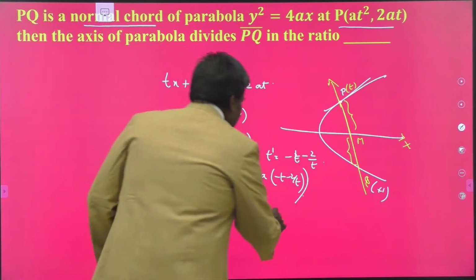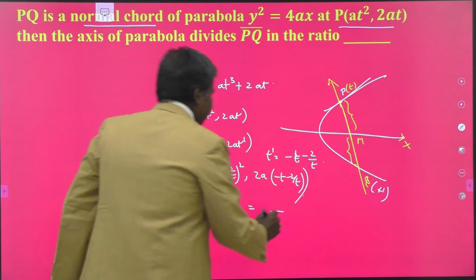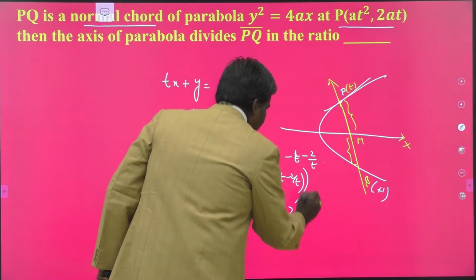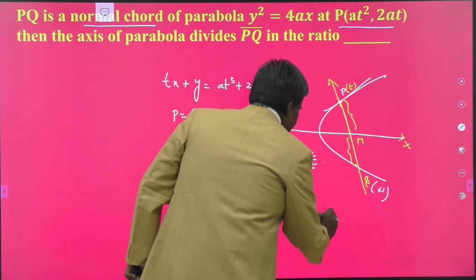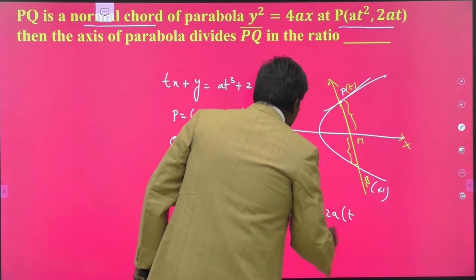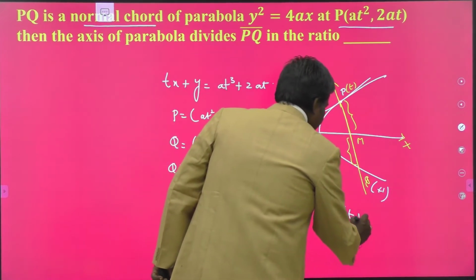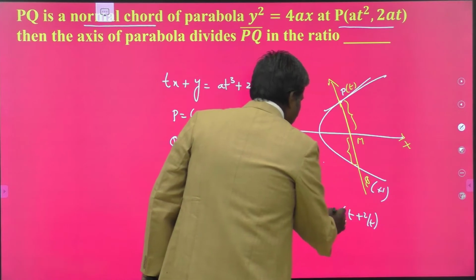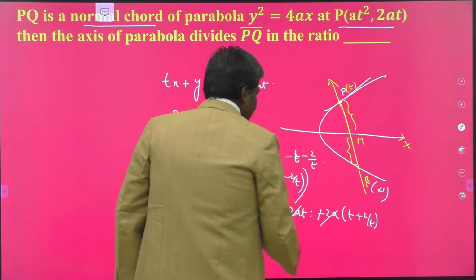Minus y1 means what? 2at is to minus 2a into t plus 2 by t. So 2a minus minus gets cancelled.